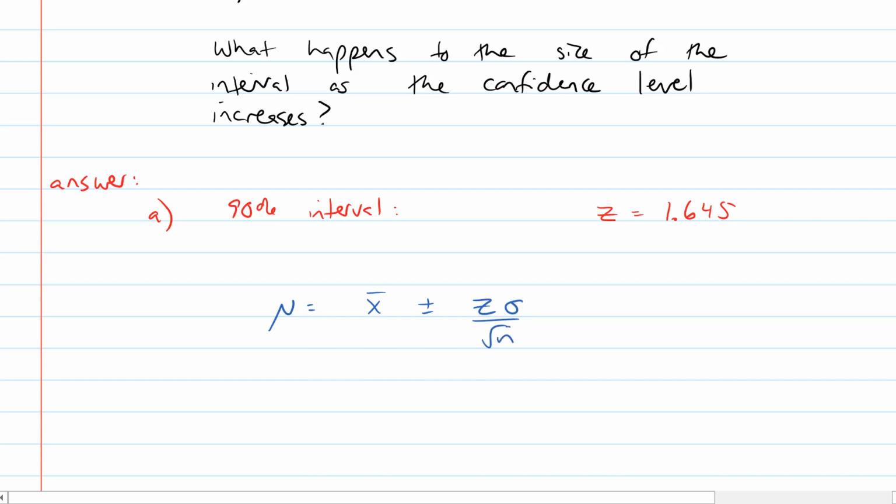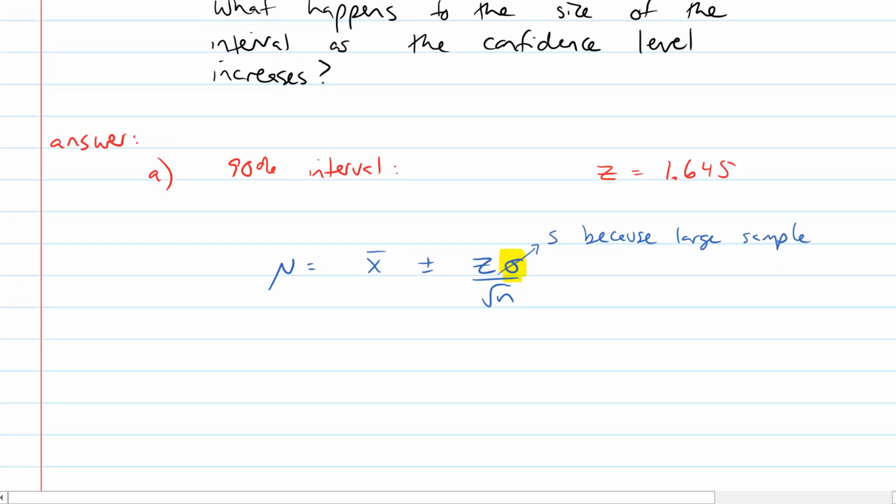Now here I also said that if you don't happen to know sigma, then we're going to use S, and the reason that we're allowed to do that is because, again, we've got a large sample, and we're allowed to do that substitution for large samples. Smaller samples become a lot trickier, but that's beyond the scope of this course.